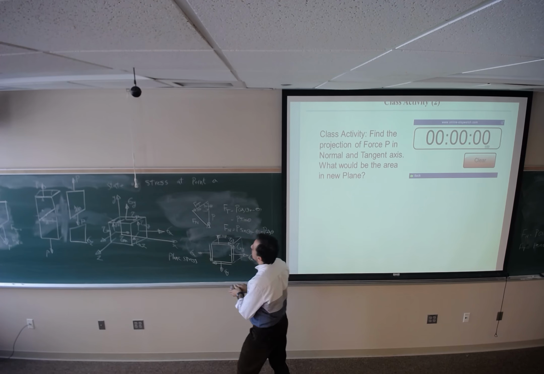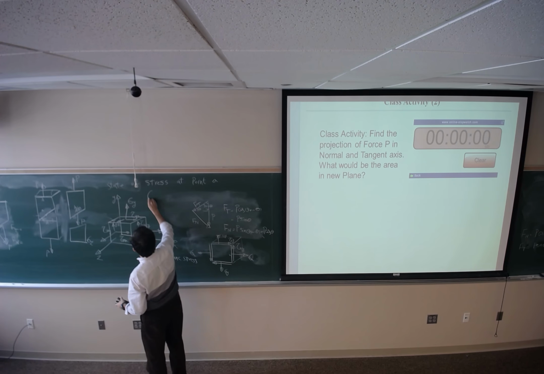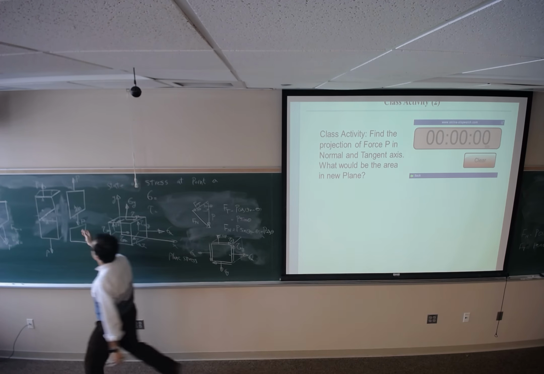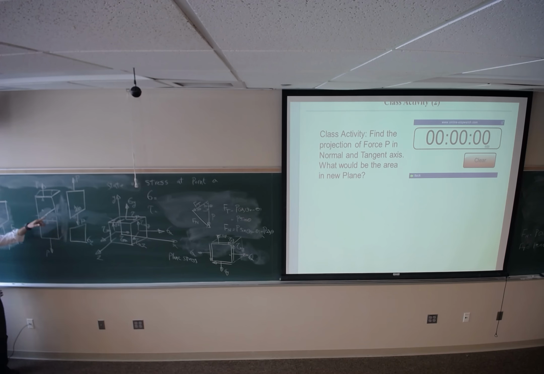Now I can find the normal stress term and the shear stress term for the plane that I pass through point A with the angle of theta. For this plane, there are two forces applied. One is tangent to the plane, one is normal. The tangent is making the shear stress, the normal is making the normal stress.